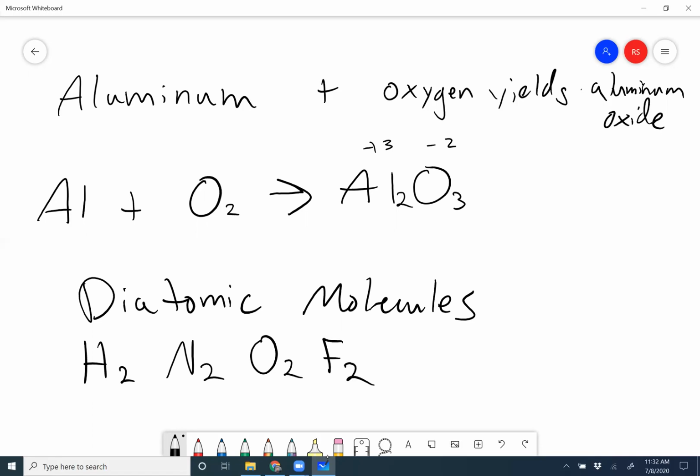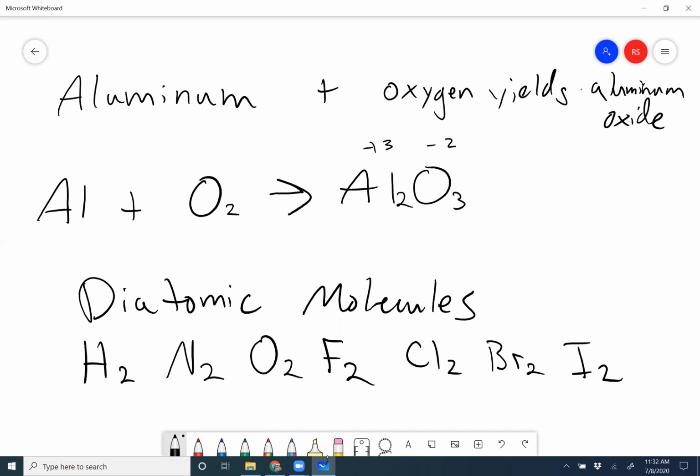These guys are diatomics as well. Carbon is not, boron is not. Then we basically just go down the periodic table. So then we have chlorine, and then we have bromine, and then we have iodine. These are the 7 diatomic molecules.